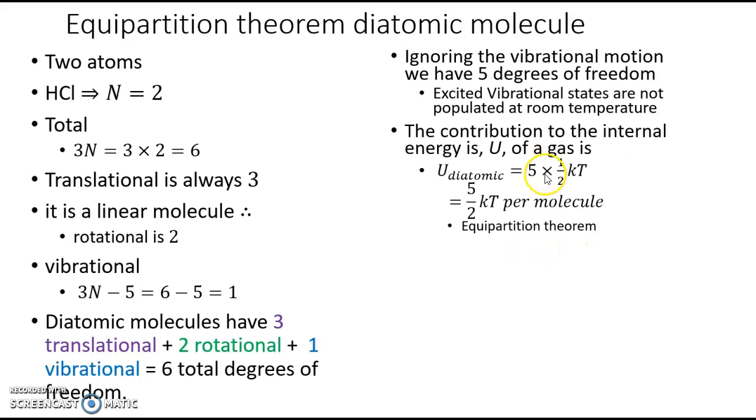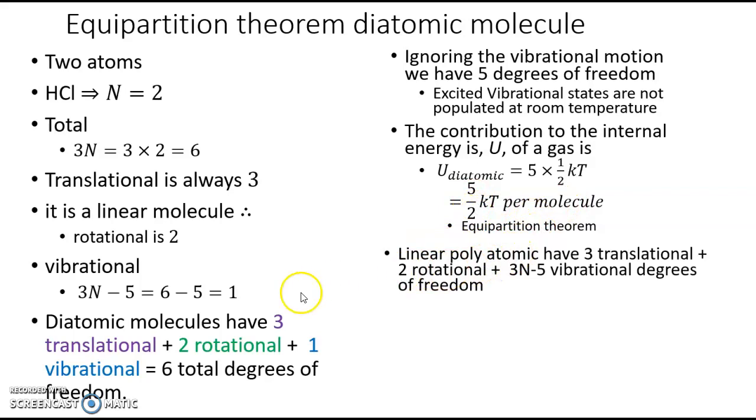So the contribution to internal energy from using the equipartition theorem and degrees of freedom is 5 from rotation and translation times half kT. Half kT is from the equipartition theorem, so that gives 5 half kT per molecule according to the equipartition theorem.